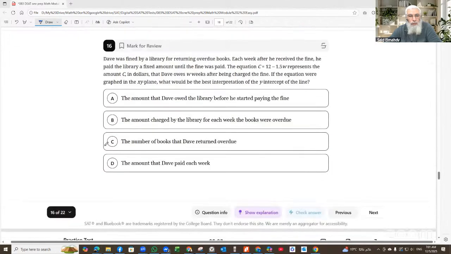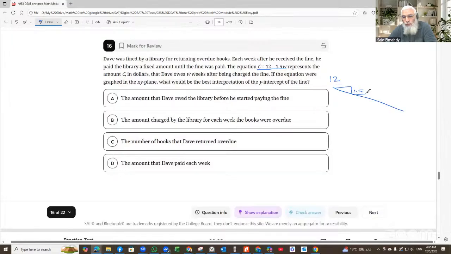Now this one. Dave was fined by a library for returning overdue books. Each week after he received the fine, he paid the library a fixed amount until the fine was paid. The equation C equals 12 minus 1.5w: the fine was 12 and he is paying 1.5 each week.